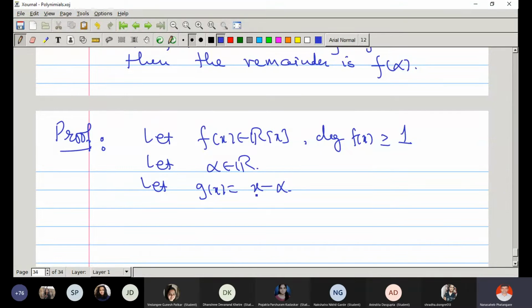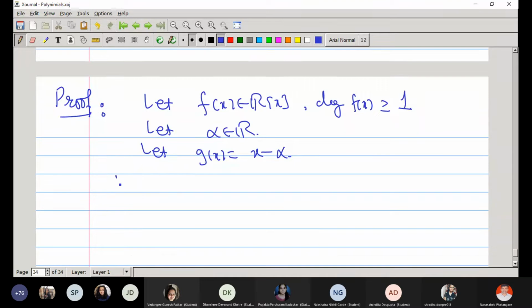Now by division algorithm, we want to apply division algorithm to f(x) and g(x).